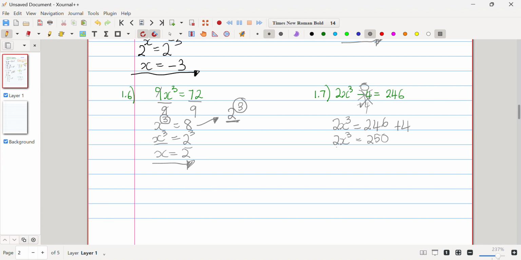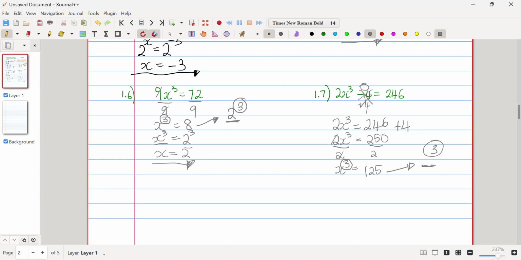Then we got to get rid of the times 2 here. So we're going to divide by 2. Divide by 2. And that's going to give me x cubed is equal to 125. And then you ask yourself the question, 125, how can it be written with a base raised to the power of 3?